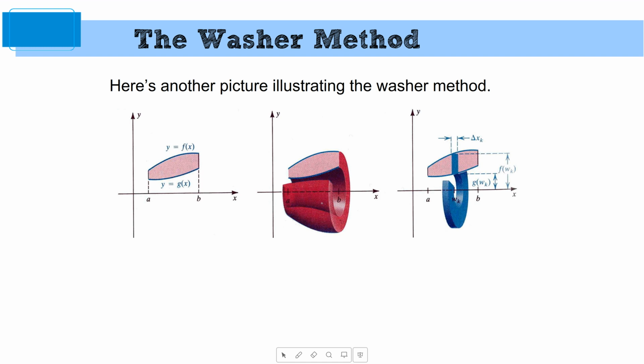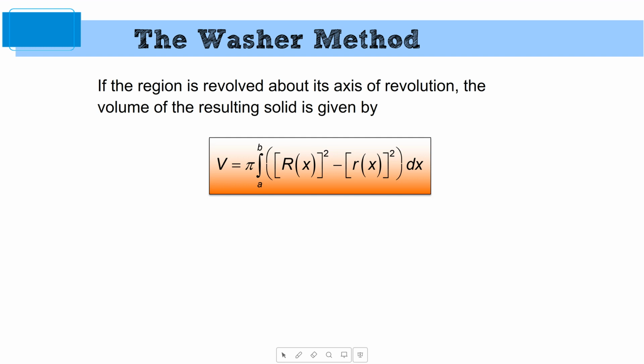And the thing that always holds true is still top minus bottom. So, there's the formula that I talked about. Capital R is the big radius, little r is a small radius. You square each of those because you're looking for the volume of that washer.